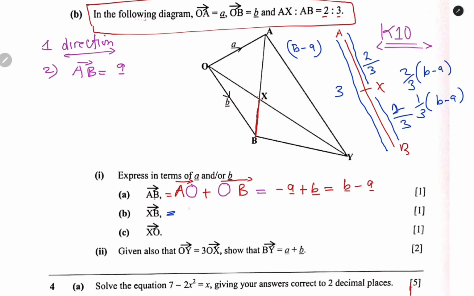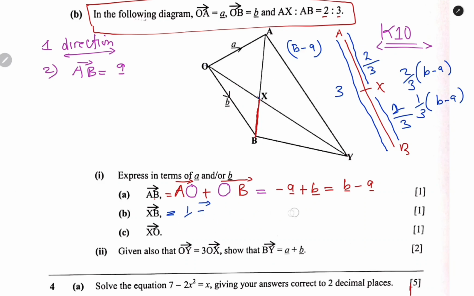So XB therefore is equal to, so you write it this way, 1 over 3 AB, or vector AB, which is equal to 1 over 3 B minus A. So this is AB. Then XO.